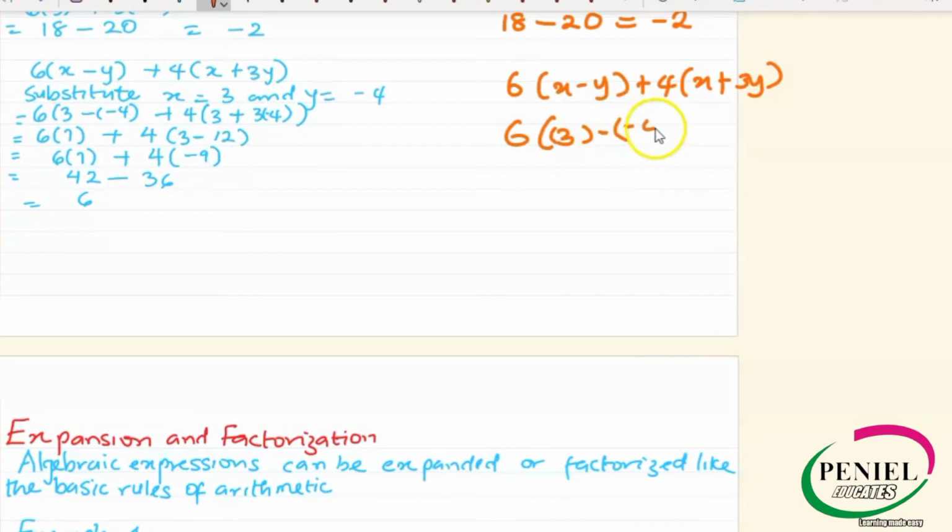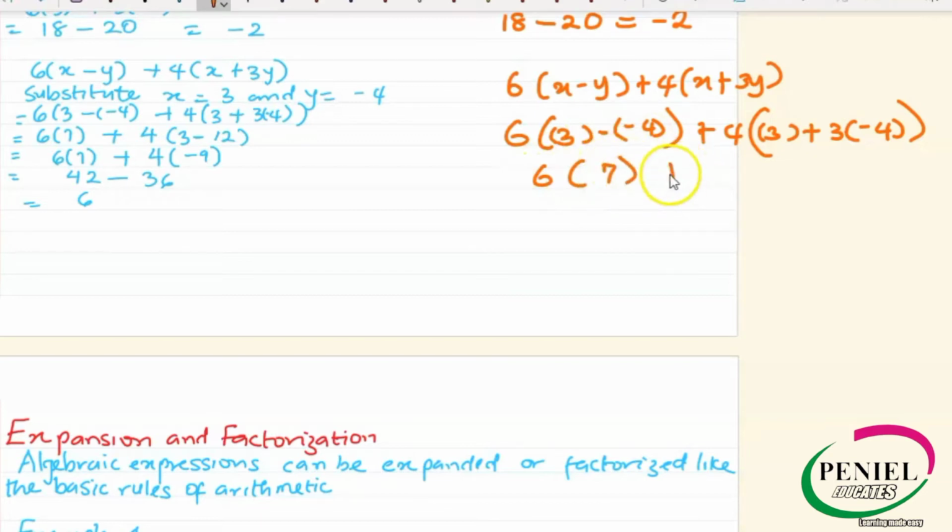Our y is minus 4. Then we have plus 4 into x, which is 3. Then we have plus 3 into y, which is minus 4. Then this one, 3 minus minus 4, is going to give us 7. So 6 times 7.